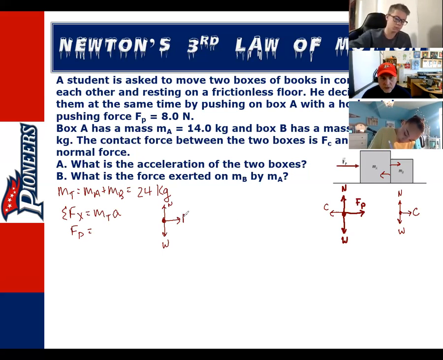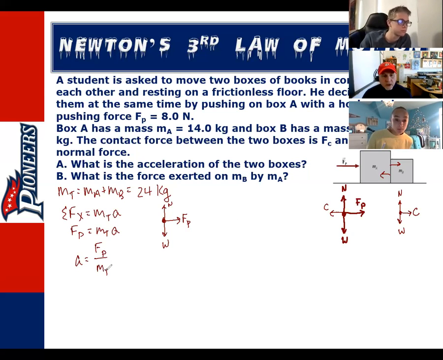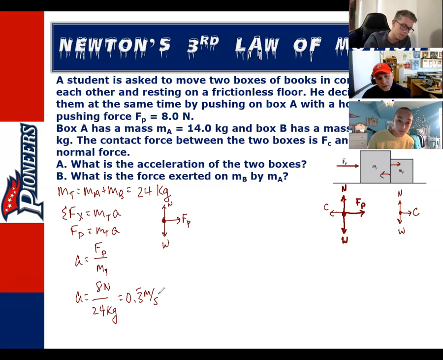That's the only force acting on this 24 kilogram box. So FP equals the total mass times acceleration. I take that FP and divide it by the total mass: 8 newtons divided by 24 kilograms, which is 1/3. Same steps I did last time.